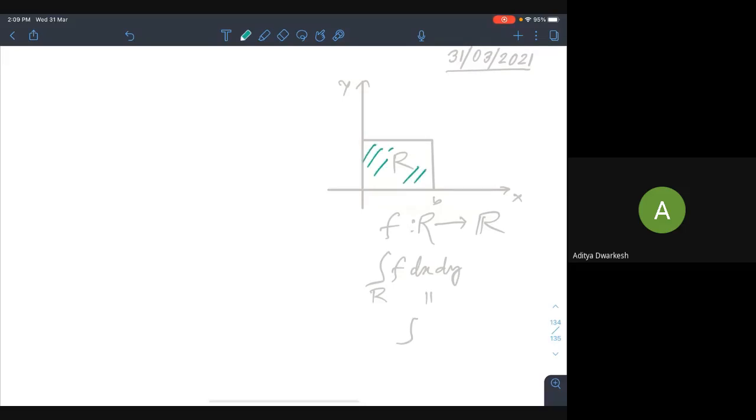So the question is, what happens if you want to integrate over this? The problem is this is f of x, y dx dy.